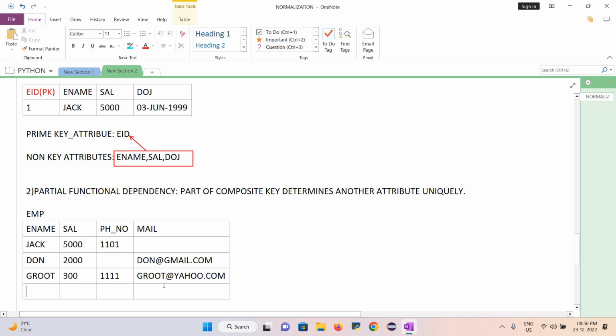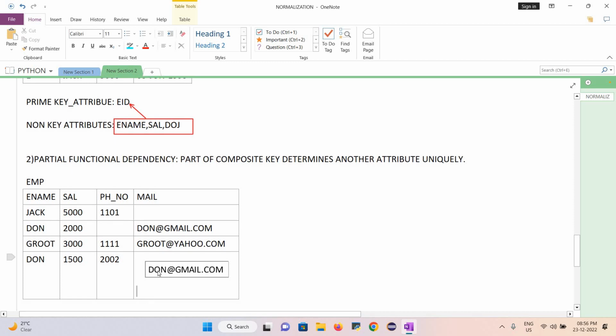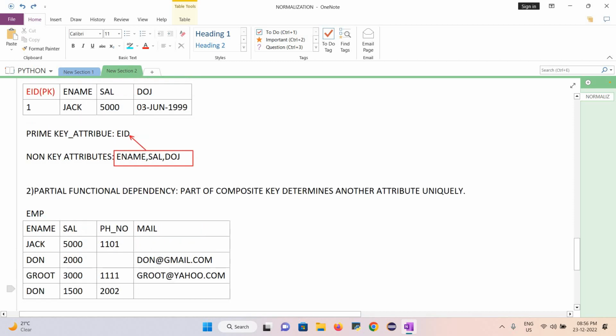And one more person, Don again, but a different entity, earning 1,500 salary, with a different phone number, and Don at gmail.com.